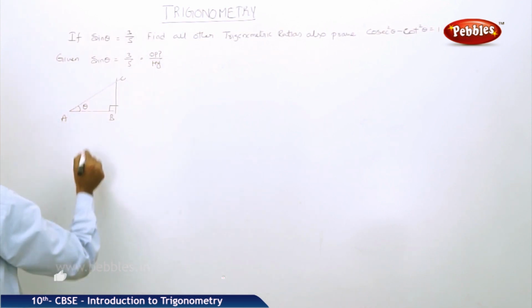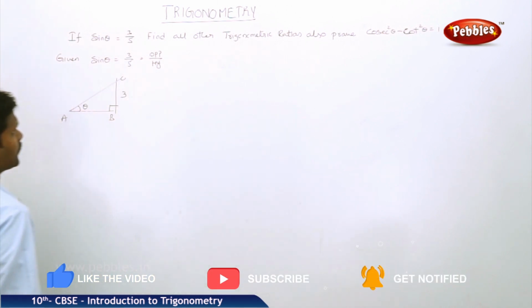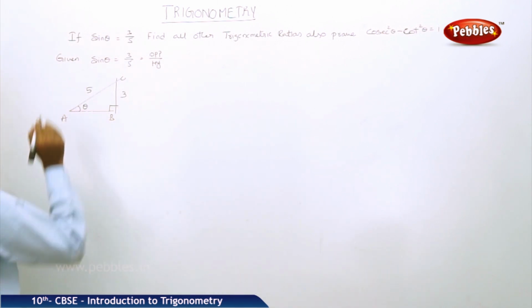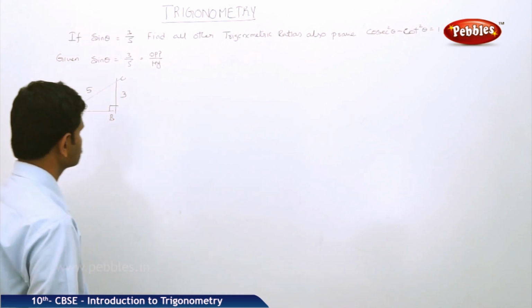Opposite side BC represents 3, and hypotenuse represents 5. Now we have to find the adjacent side.